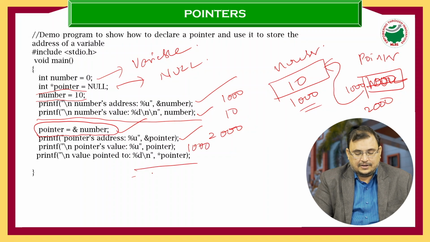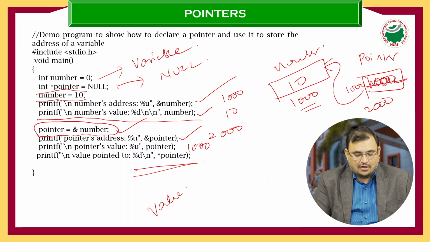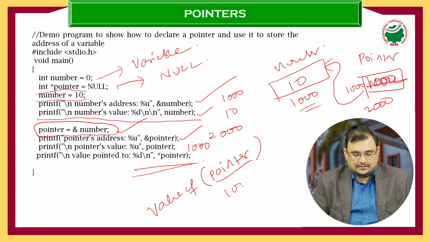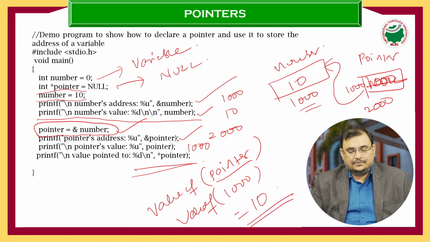Here you are using the value of pointer. The pointer has 1000, so the value at 1000 is, indirectly, the value of number only, 10. So this is how the pointer is used in programming.